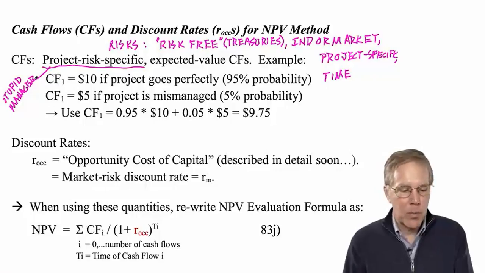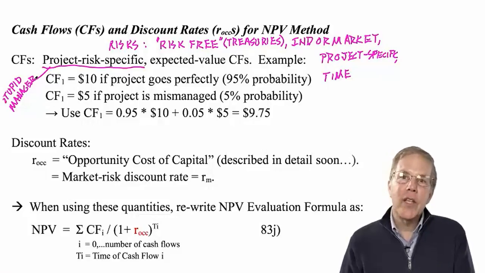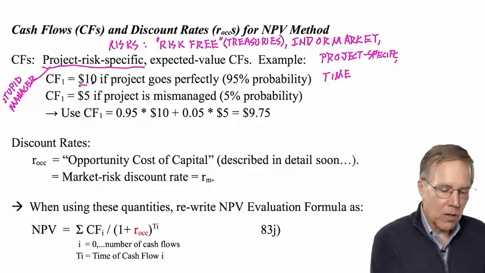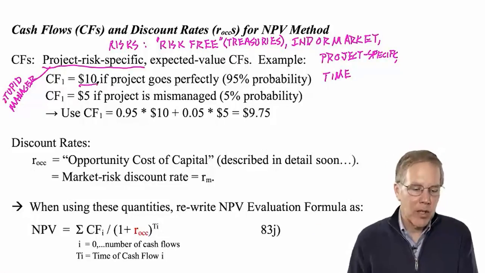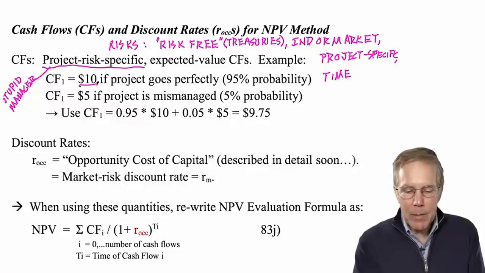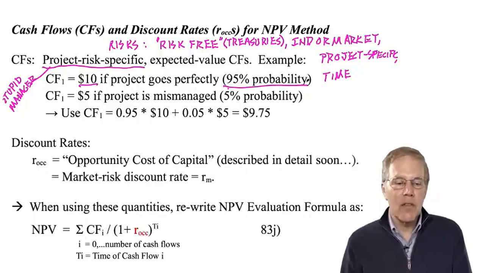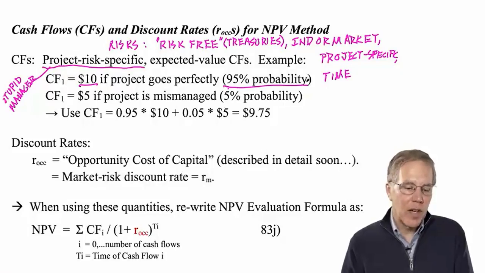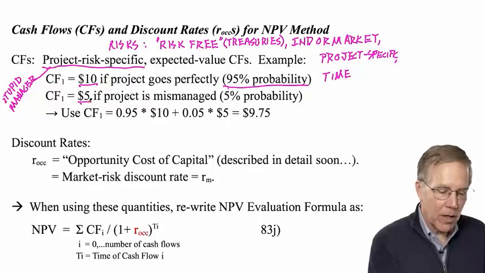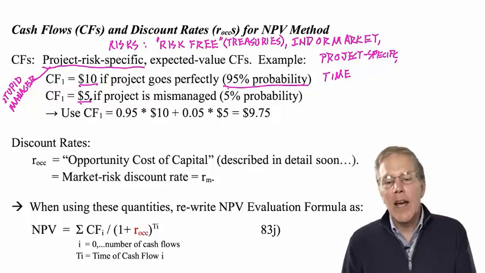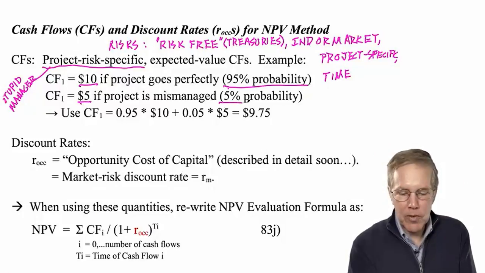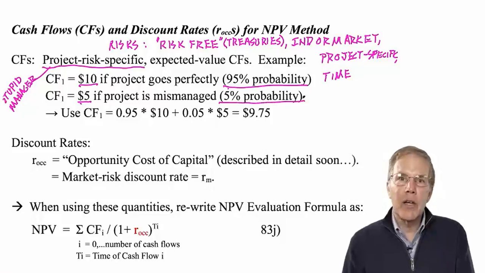So here's just a very simple example. If we're looking at a project, if everything goes perfect, we're going to get $10 out of this project. That'll be a cash flow coming into us. And we believe, we've done a lot of work on that, there's a 95% probability that that's the way this project is going to go. However, if the manager screws up this project, we're only going to get $5 out of this project. And happily, we think there's only a 5% probability of that coming our way.